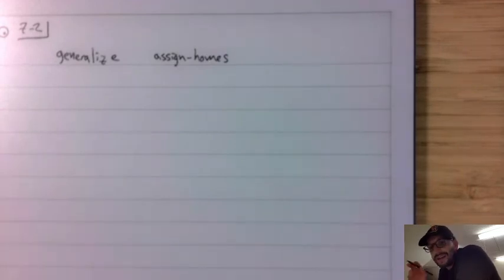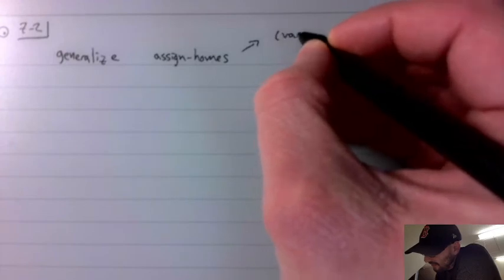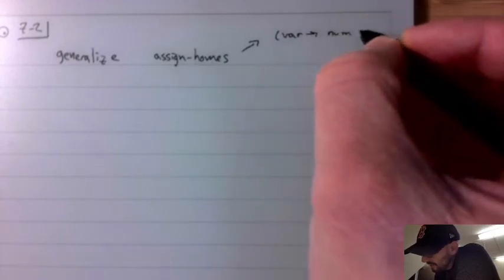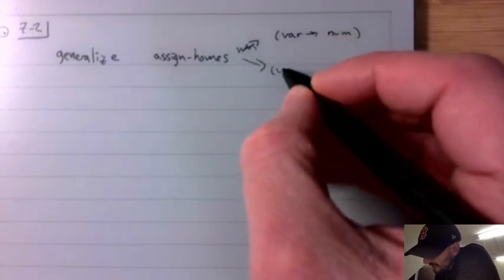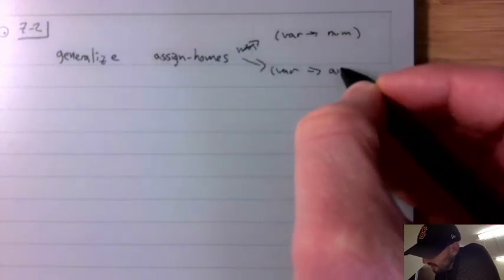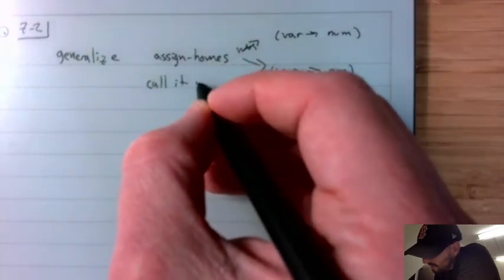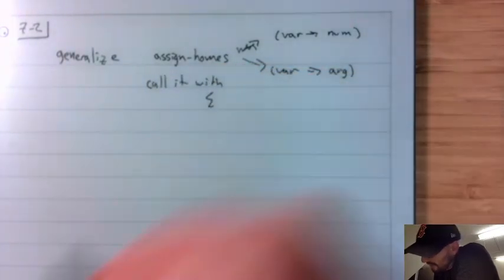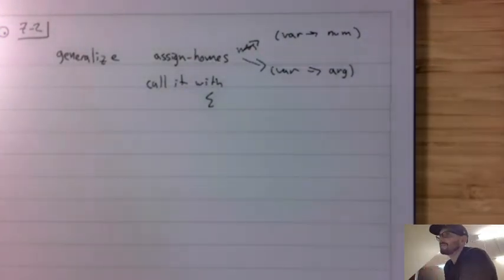I believe that previously it took a variable and turned it into a number. What we're going to do is change that. So instead, it's going to take a variable and turn it into an arg, and we're just going to call it with sigma. And now what that's going to do is walk through our program and assign everything.